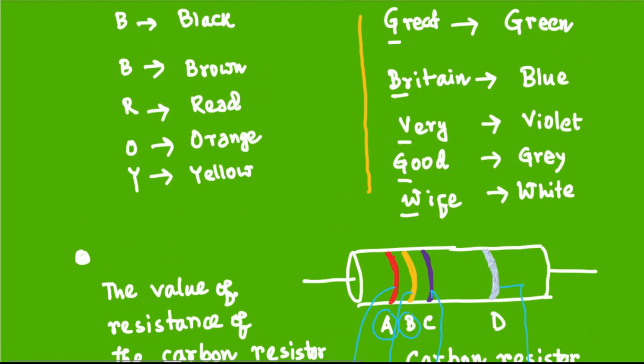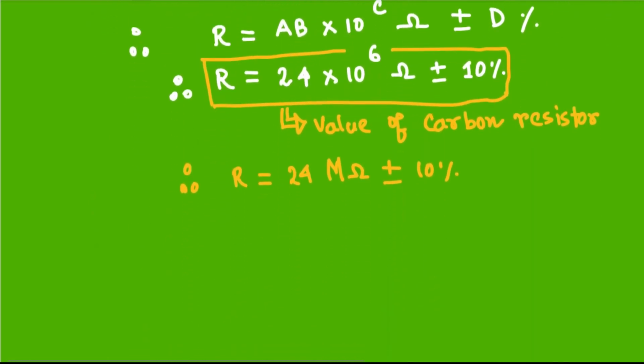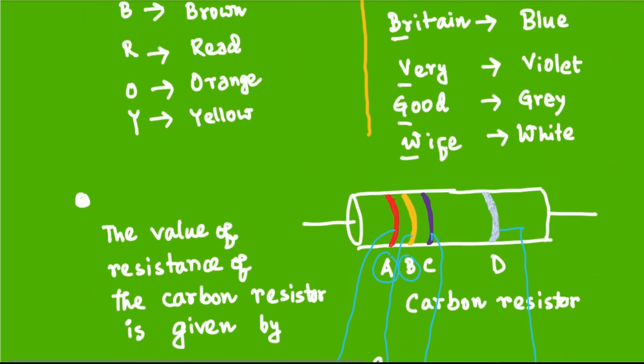Now here we can write down the significance of the fourth color strip. The sentence gives the values of the first three color strips, but what about the fourth color strip?